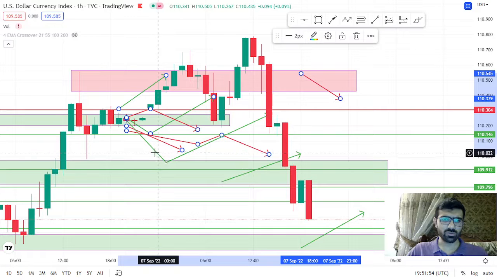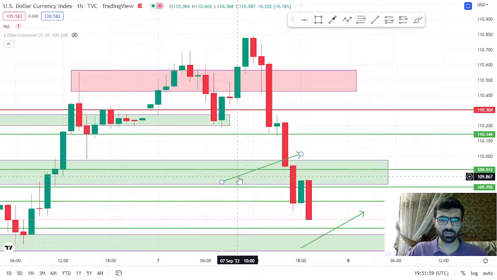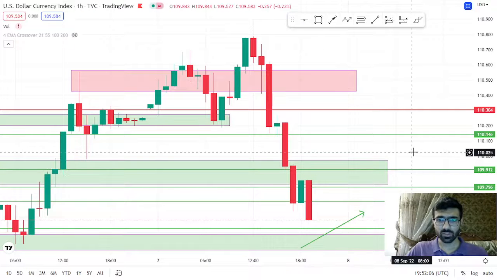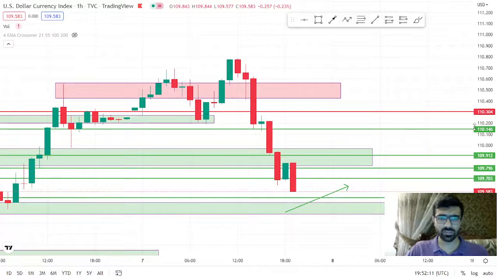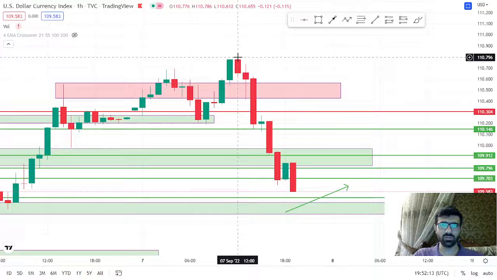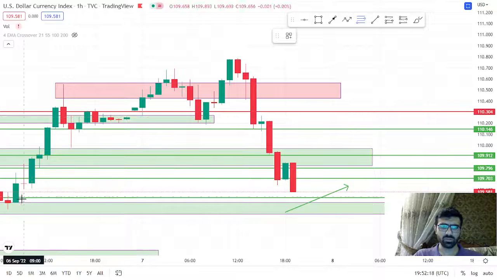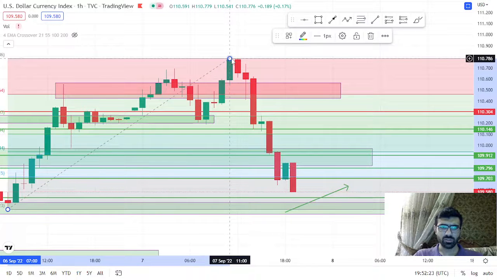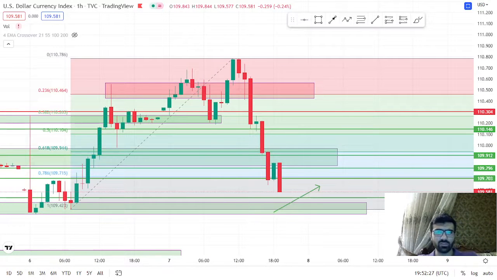Okay, so I am removing all the previous scenarios so we do not get confused at any point of time. Okay, so what we have observed is that market has made a new high over here, so we will put a Fibonacci level from the lowest point to the highest point, and we will check out if our 50% area has been tested or broken.